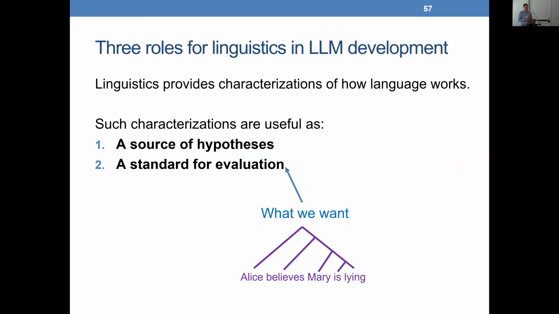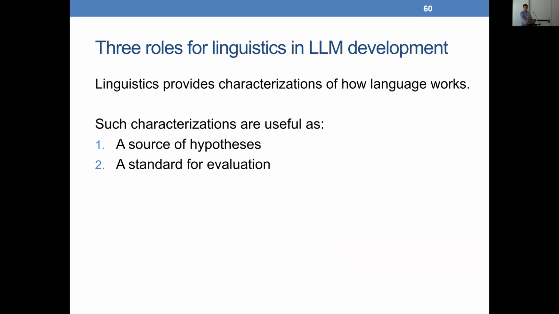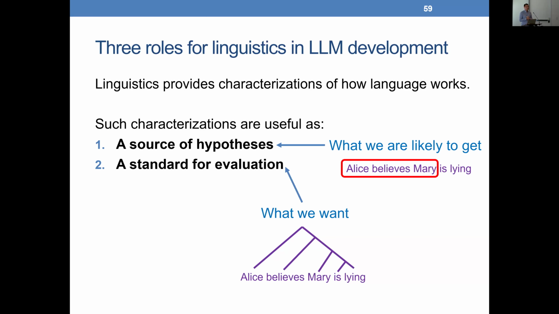So in this case, what we want to see is hierarchical tree-based meaning composition. And then we can also use techniques from linguistics as a source of hypotheses about what we are likely to get, what types of strategies we would expect a model to have. So in this case, we would expect models to use strategies based on linear sequential strings of words.